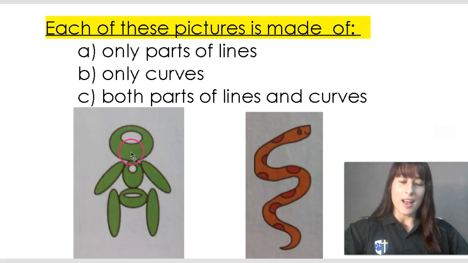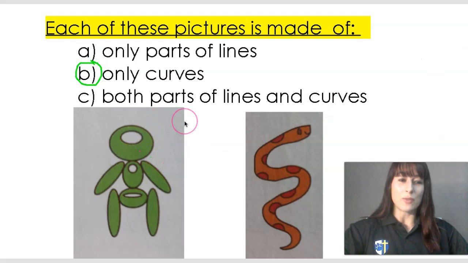Looking at it closely, I can tell that if I trace this one with my finger, it is definitely turning. So I can tell that this one has curves all over. And the same applies to the snake. If I trace him, I'm going left and right, up and down. And here I have again a curve, another curve here. I'm going to decide that these two pictures are only curves. I don't see any parts of lines in these two pictures.